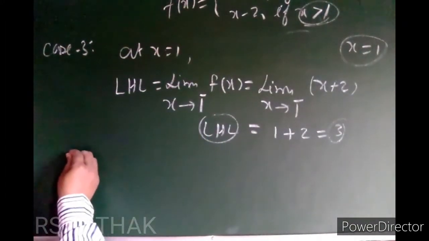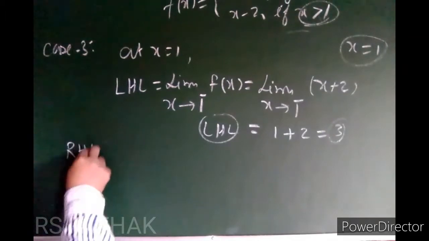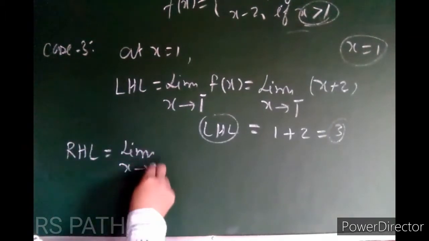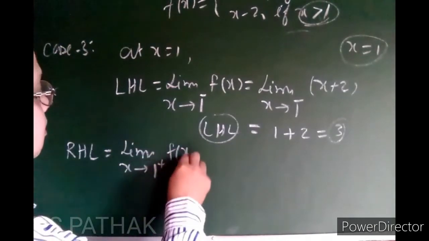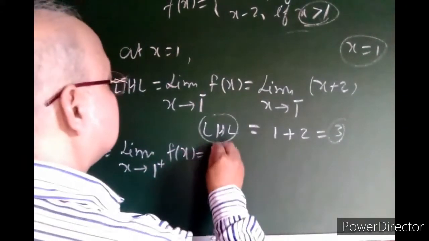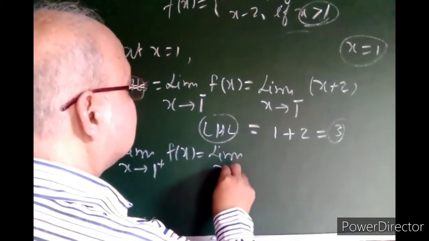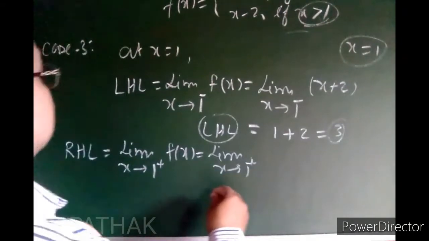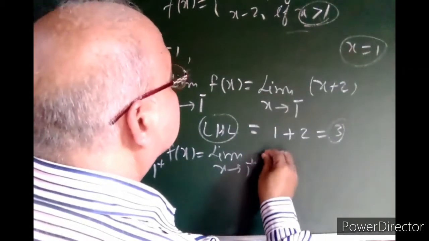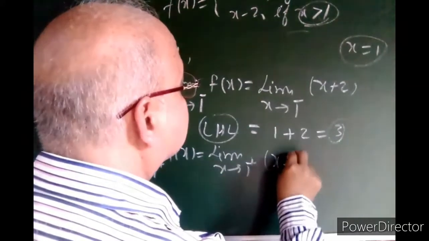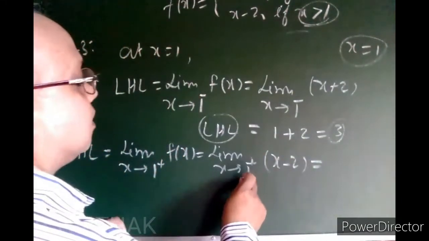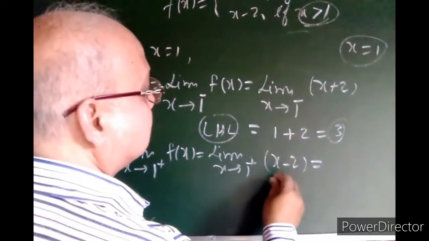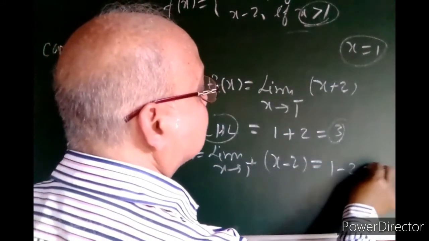Now I am going to find the right hand limit. The limit as x tends to 1 plus of f(x). f(x) means x minus 2. Putting x equal to 1, 1 minus 2 equals minus 1.